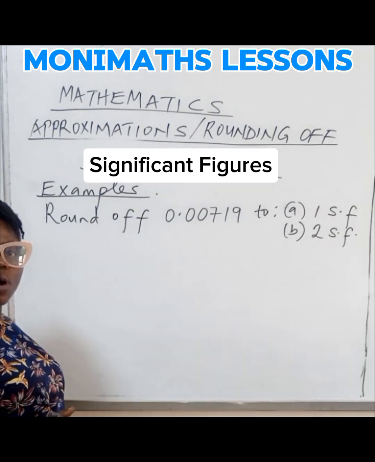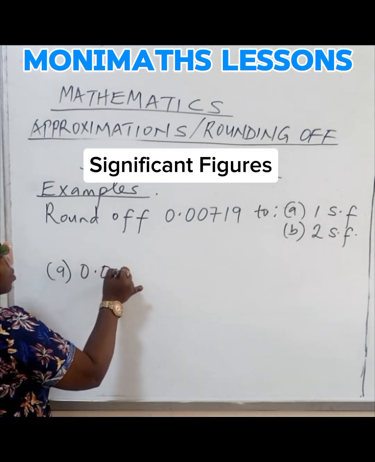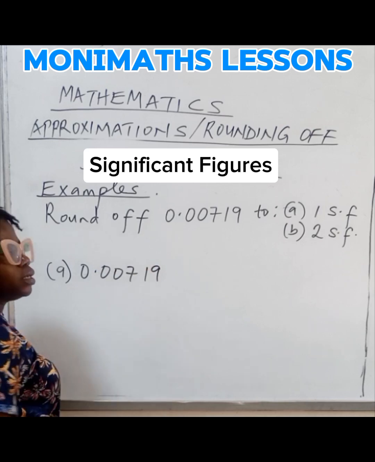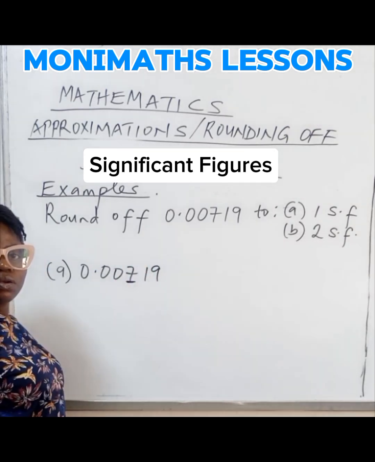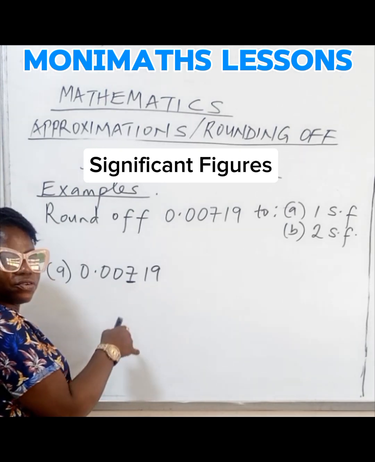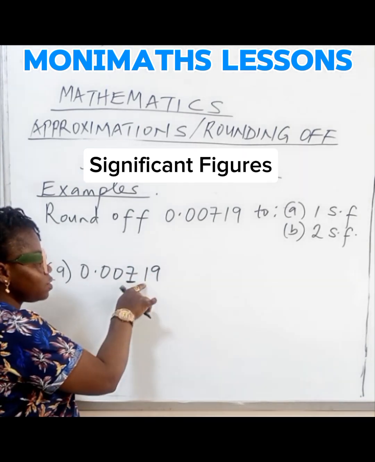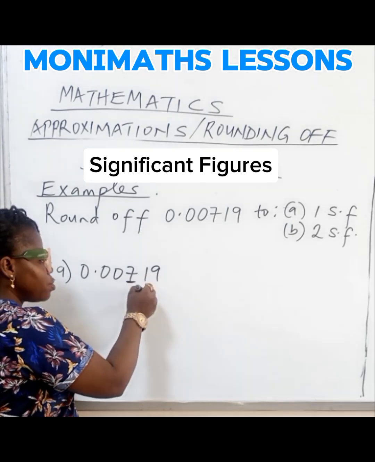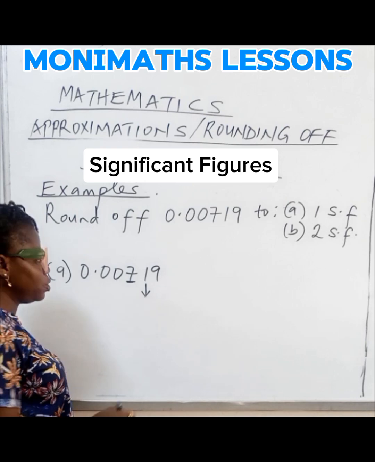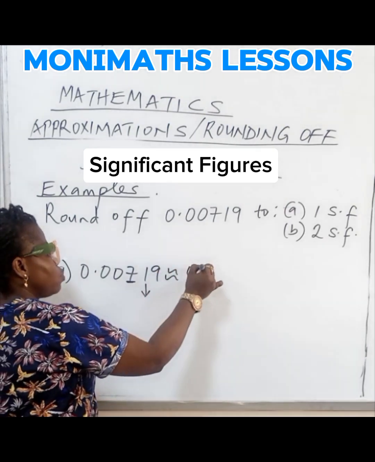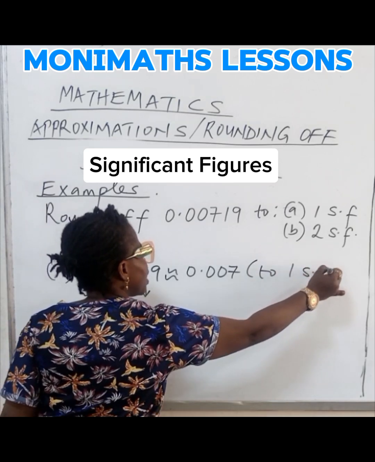So to round off to 1 significant figure, the first significant figure is 7. So I won't just write 7. I will consider the digit immediately after it. The digit is not up to 5, so I'll round it down. It won't have any effect on my approximation. So I will just have 0.007 to 1 significant figure.